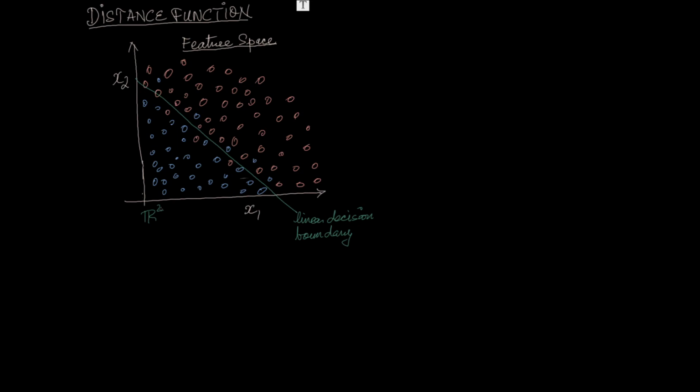Now, if we look at this a little more carefully, let's take a point here. Just visually looking at this, we are quite certain this point is going to be a blue point. We are even more certain about this point being a blue point.